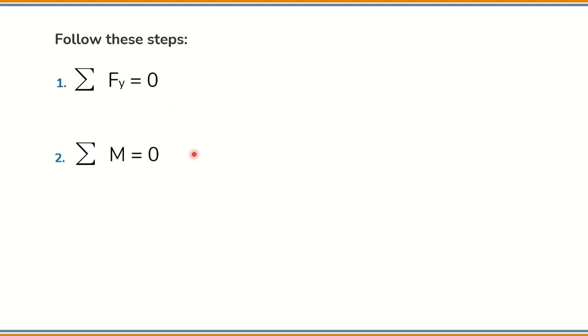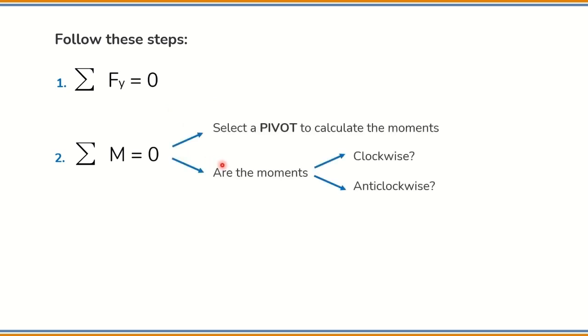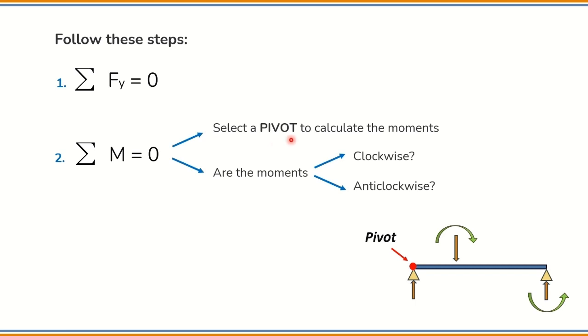Second one, the sum of the moments around the point is 0. We will have to select the pivot to calculate the moments, and we need to know if the moments that we are calculating are clockwise or anti-clockwise. And in the third step, we need to solve the two simultaneous equations that we are getting from steps 1 and 2.